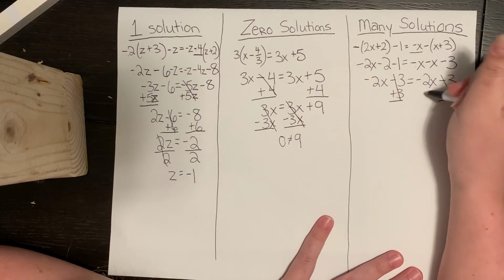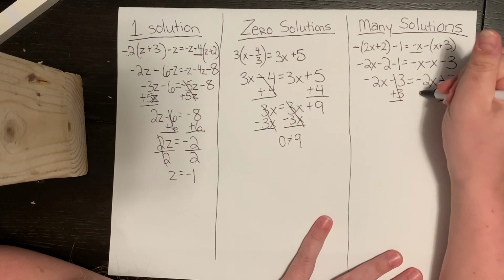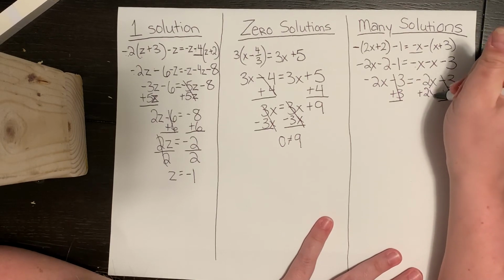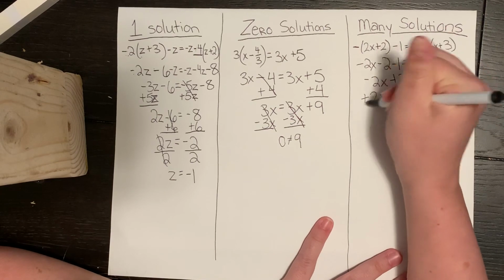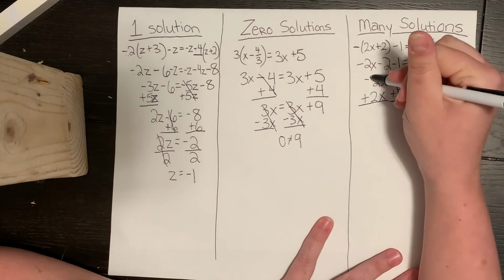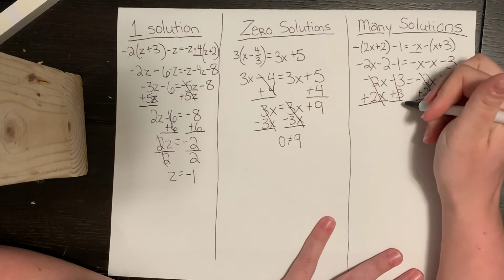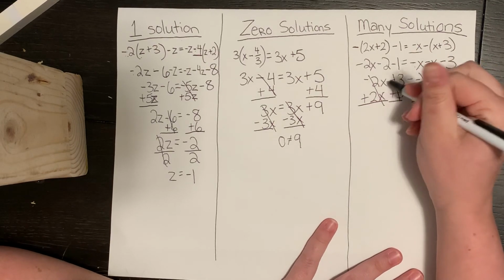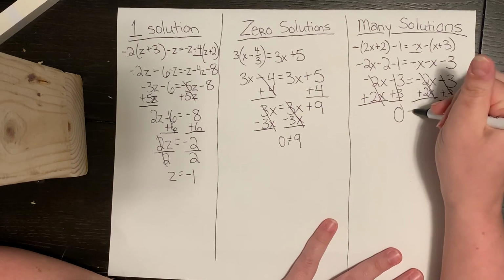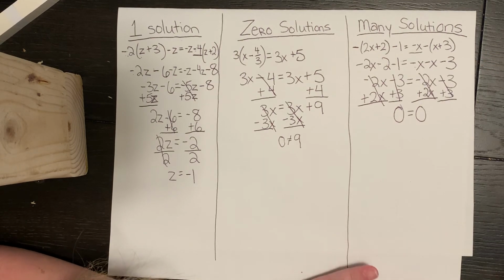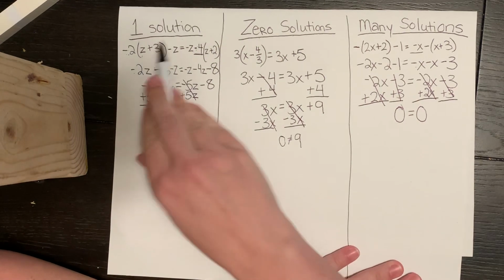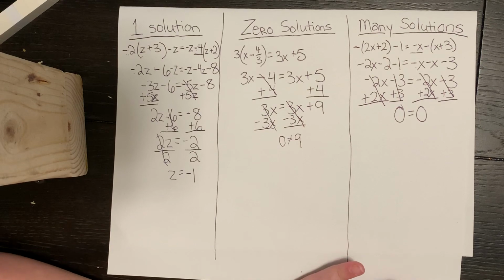And now I've got to get my 2x on both sides. It cancels out, cancels out. So now I'm stuck with, this means there's nothing there. 0 equals 0. So that means that there are many solutions to this equation, not 1 and not 0. Okay, hope that helps.